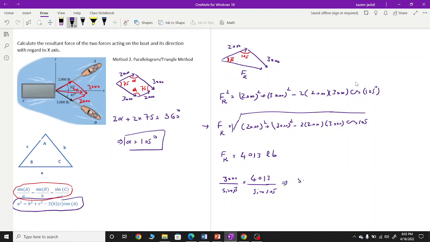So from here you can calculate sine beta, which is 3000 sine 105 divided by 4013, and if you solve this, beta is going to be 46.2 degrees.